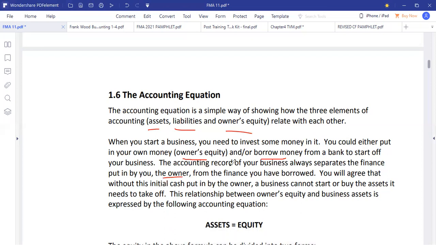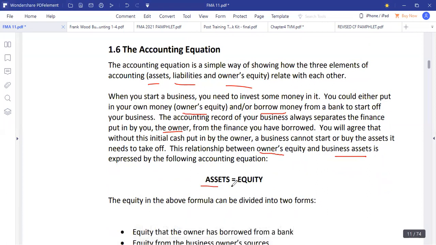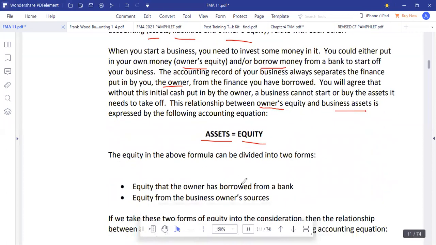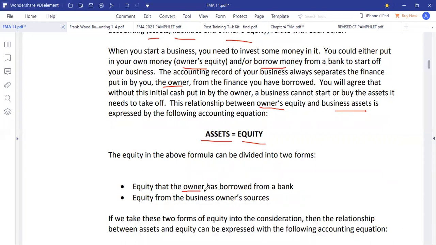So to start with, we need to understand that the relationship between the owner's equity and the business assets is given by the following equation. The assets should be equated to equity. And now this will be subdivided into two. The equity that we have above there can be divided as the equity from the owner as borrowed from the bank, and equity from the owner from their own resources.